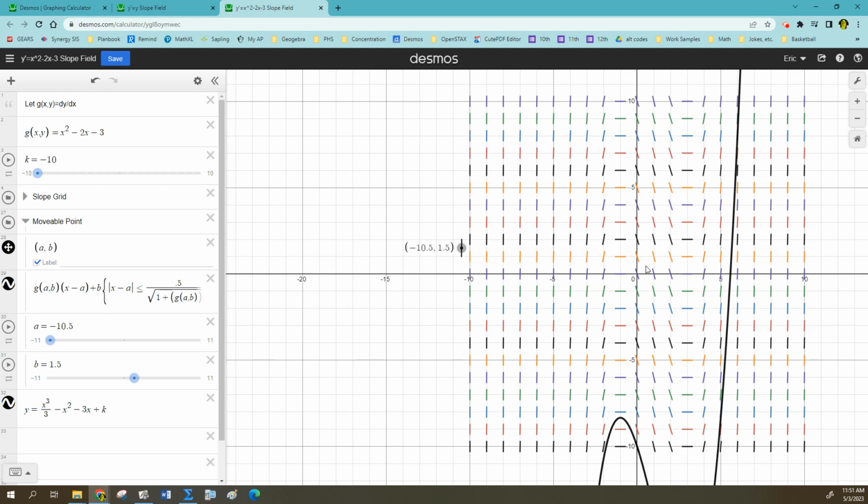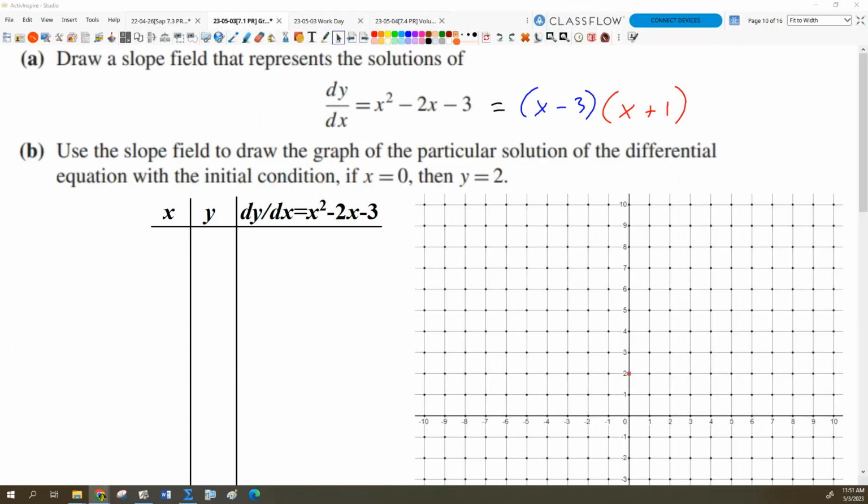So we could even do more than that, right? We could even look at this and say, okay, where should this be positive? Well, we would just be essentially graphing this function, right? If we graphed this function, this is an upward opening parabola with x-intercepts at 3 and negative 1. So it's going to be negative between 3 and negative 1 and positive everywhere else.